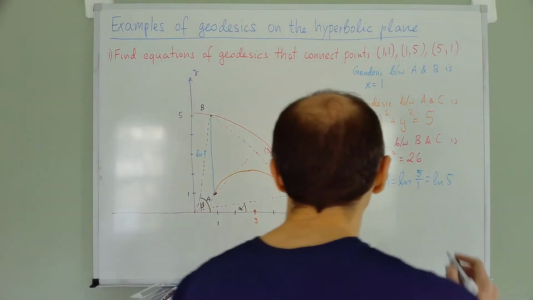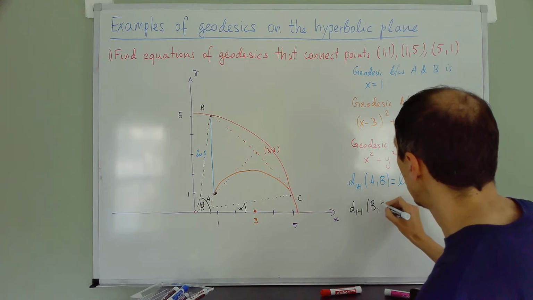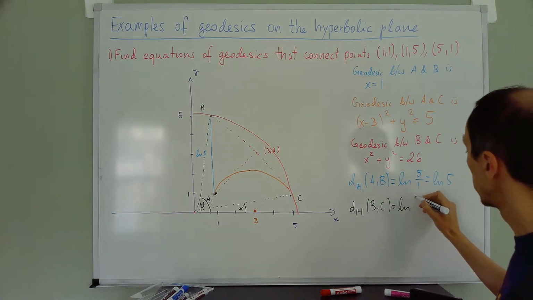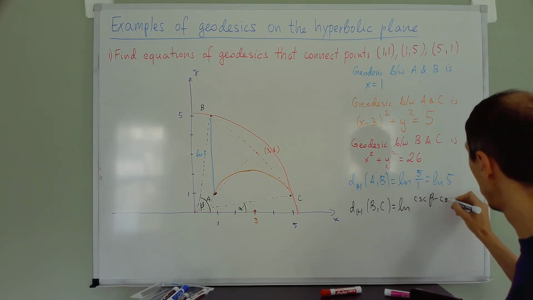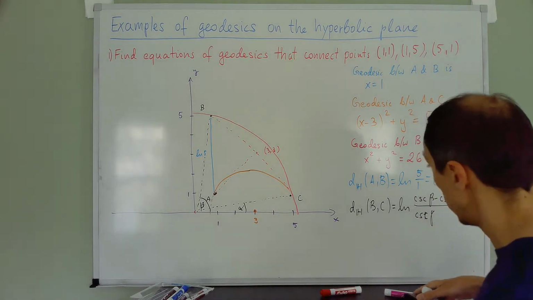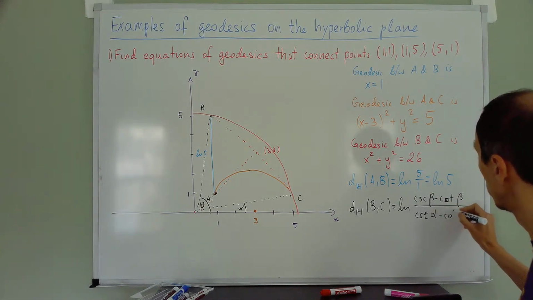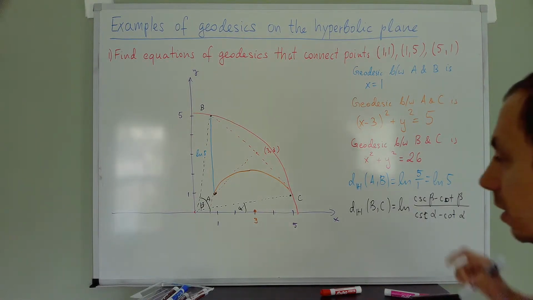So if I were to ask for the hyperbolic distance between B and C, that would be the natural log of the cosecant of beta minus cotangent beta, divided by cosecant alpha minus cotangent alpha.